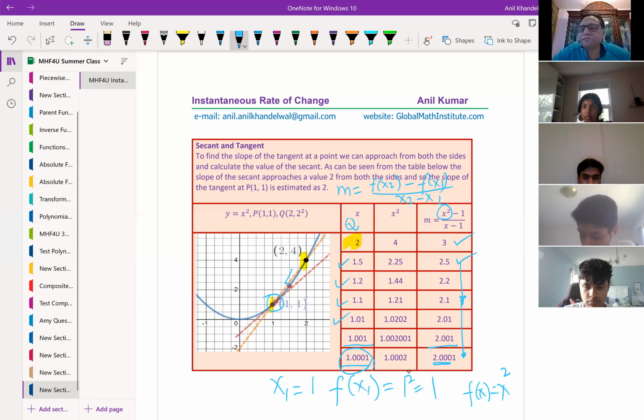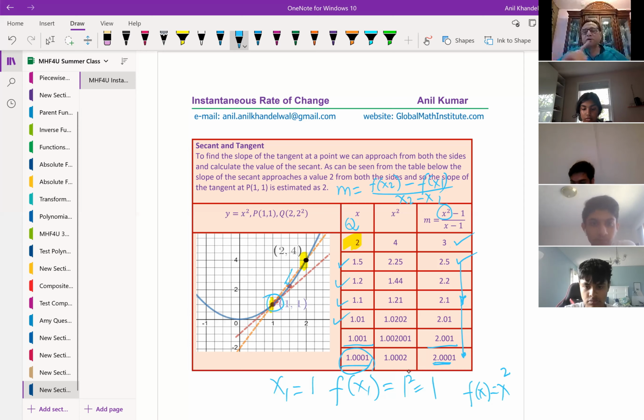Then you will ensure that you have the accurate answer to 3 decimal places. If you use 0.001, you get a wrong answer. Is that clear to you? Very important, the points where many students are losing marks.